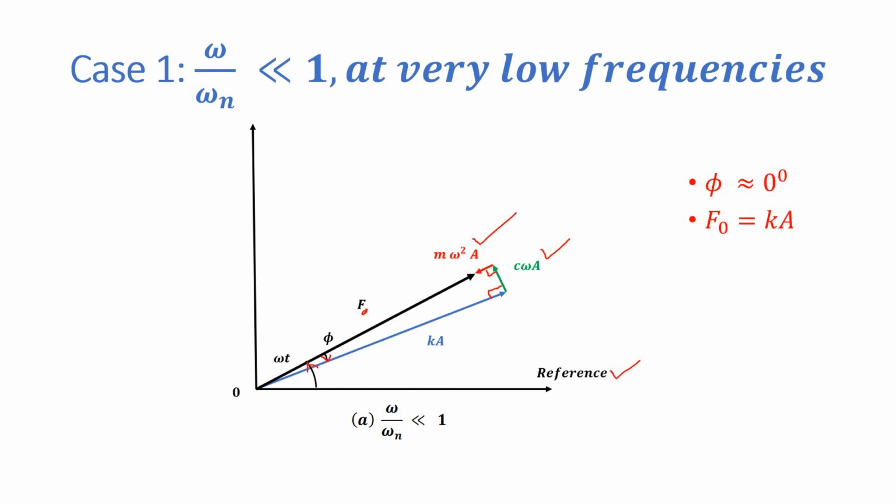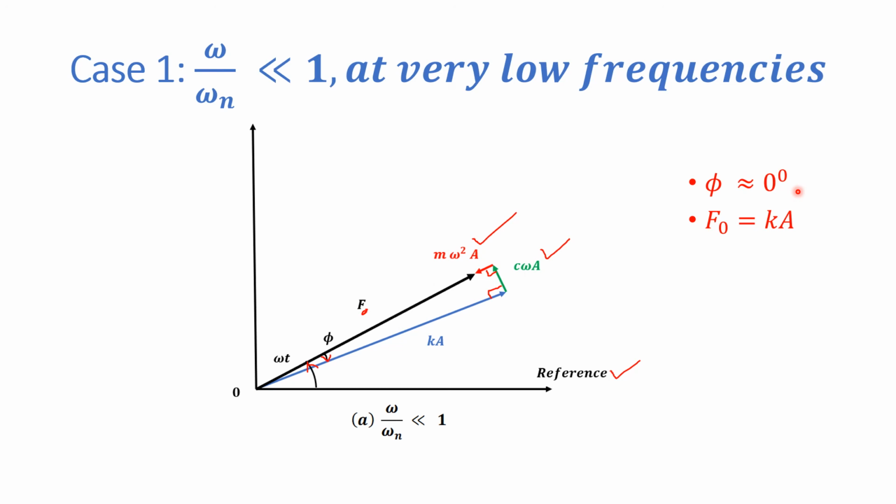As omega is decreasing, phi keeps on decreasing and it approaches 0 for very low frequencies of external excitation. Means system is vibrating almost in synchronization with the frequency of external vibration.